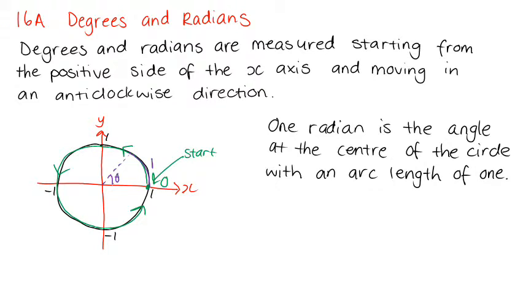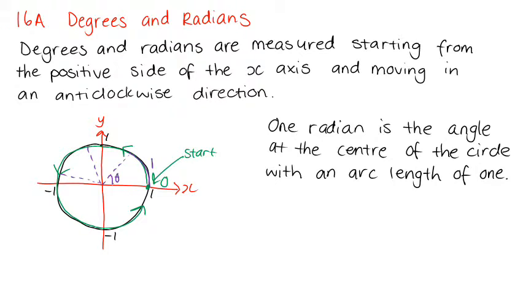Right, and what you actually find is that there are exactly 3.141592 radians that fit inside a semicircle. So it's pi, yeah.